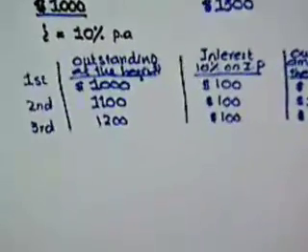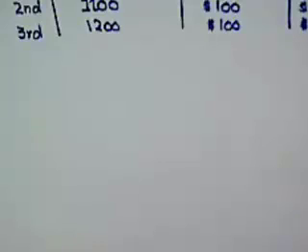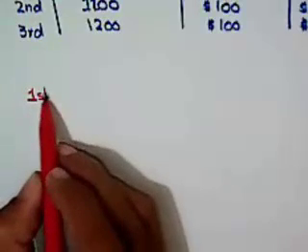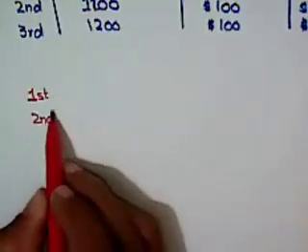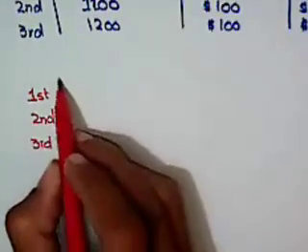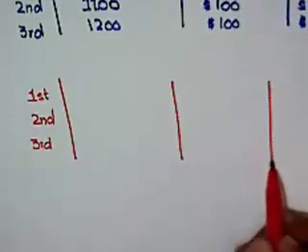But on the other hand, if this similar interest 10% is charged based on the compound interest method, so let's compare. So this is first year end, this is second year end, and this is third year end. So again we'll write the same values.